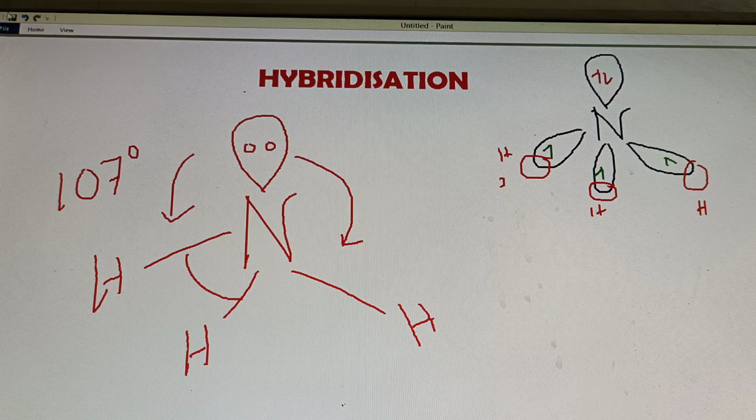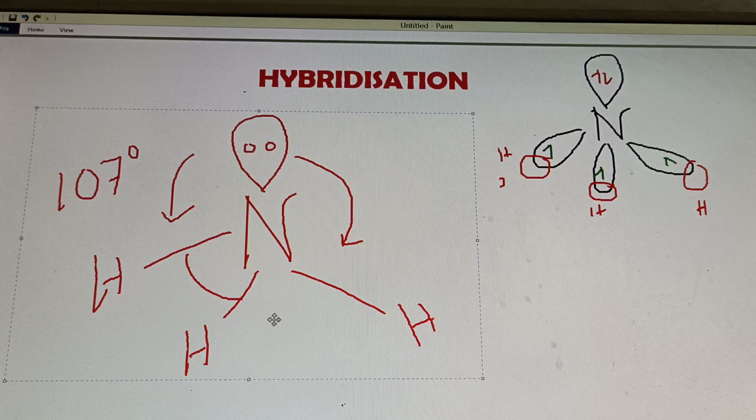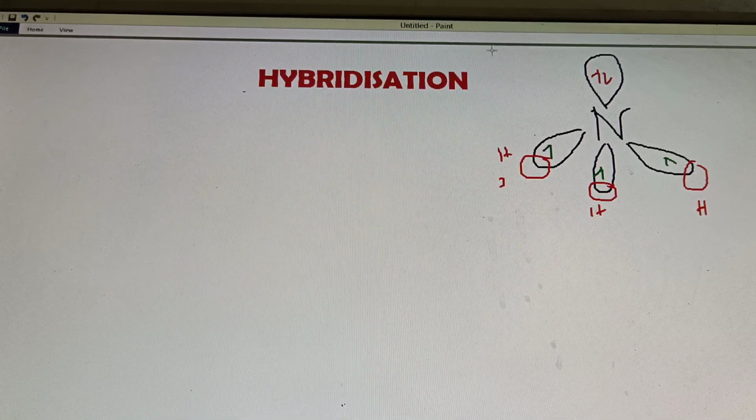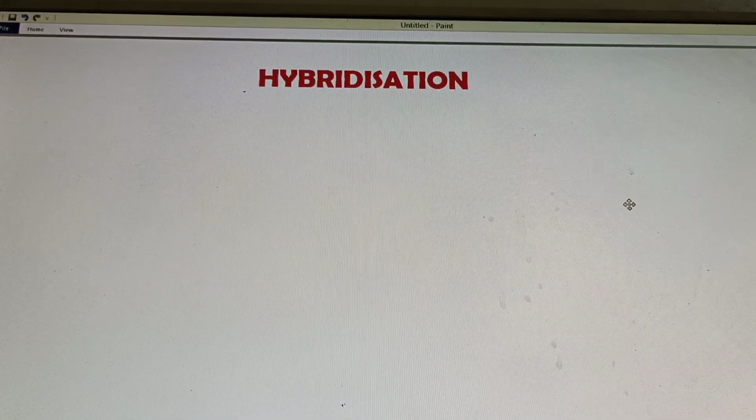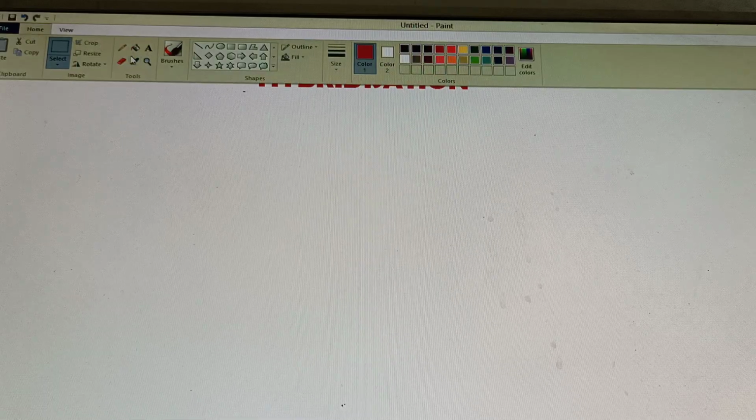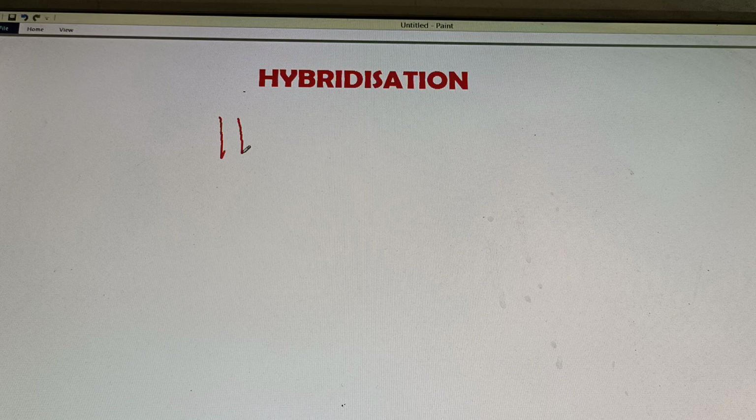Next, another molecule will be discussed here, that is the water molecule. H2O, here the central atom is oxygen.